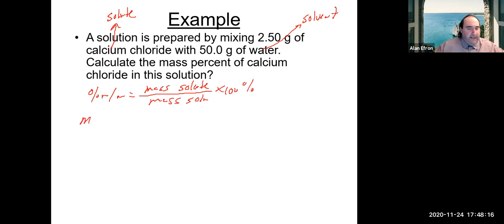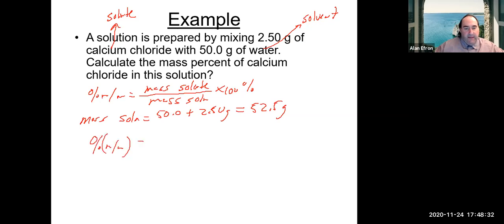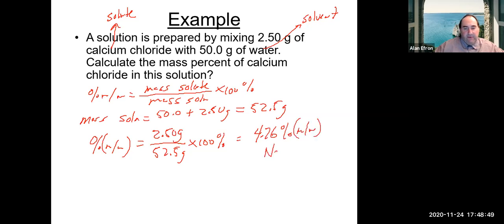Very important in these that the mass of the solution is found by adding those numbers together. So 50 plus our 2.5 grams gives us 52.5 grams, and our percent mass to mass in that case would be 2.5 grams divided by 52.5 grams times 100%. That gives us something like a 4.76% by mass calcium chloride solution.